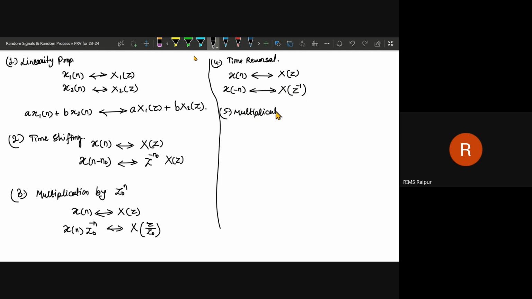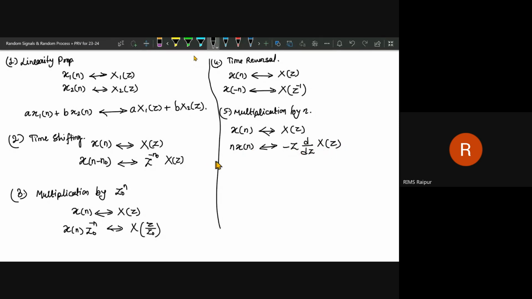Next is multiplication by n. If we have a signal x of n with Z transform capital X of Z, then the Z transform of n x of n will be minus Z d by dz of X of Z. It will be like this.